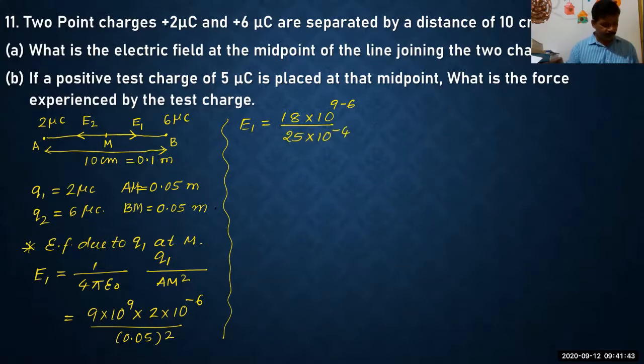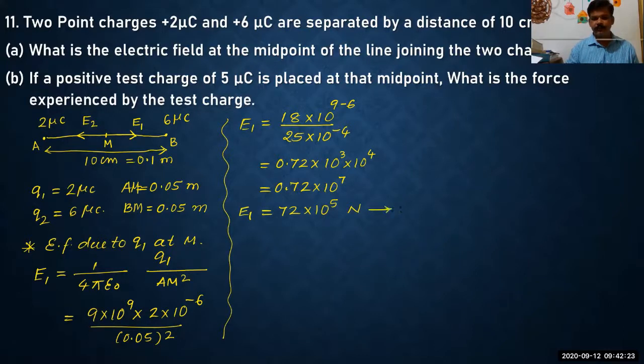That minus 4 goes to the numerator. 18 divided by 25 is 0.72 into 10 raised to 3 into 10 raised to 4, because 9 minus 6 is 3, and minus 4 goes to the numerator and becomes plus 4. Hence it is 0.72 into 10 raised to 7, or you can write it as 72 into 10 raised to 5 Newton per coulomb. So that is E1.